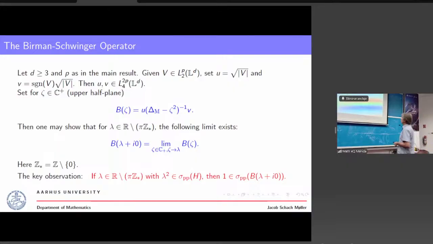So if you want to rule out eigenvalues of the Schrödinger operator, what you can try to do is to rule out that 1 can be an eigenvalue of the Birman-Schwinger operator. And an obvious way of trying to do that is to take the operator norm of the Birman-Schwinger operator and try to make it smaller than 1. Then certainly 1 cannot be an eigenvalue. And that's the strategy.